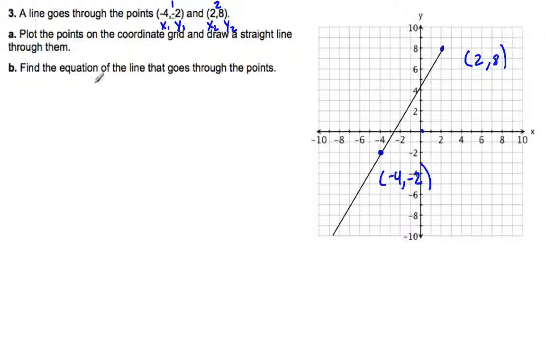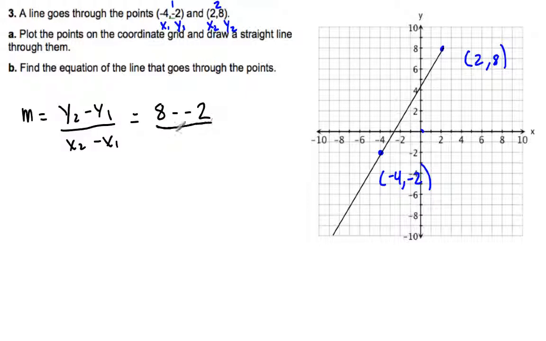Let's find out what the equation is. Remember, the first step is to find the slope, and we use the formula y2 minus y1 over x2 minus x1. When we use this formula, we get y2, 8, minus y1, negative 2, so 8 minus negative 2, divided by x2, which is 2, minus negative 4.